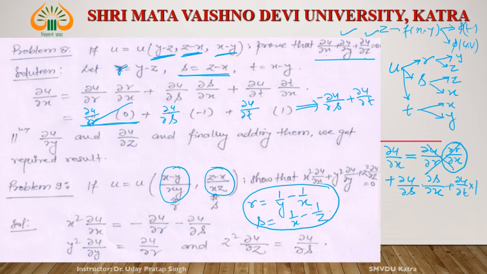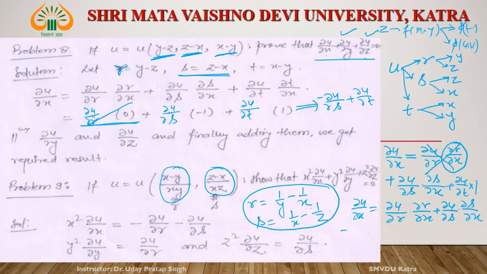Now we have to consider x square del u by del x, and so on. One term I have to evaluate. U is the function of r and s, and del u by del x is del u by del r times del r by del x plus del u by del s times del s by del x, right?